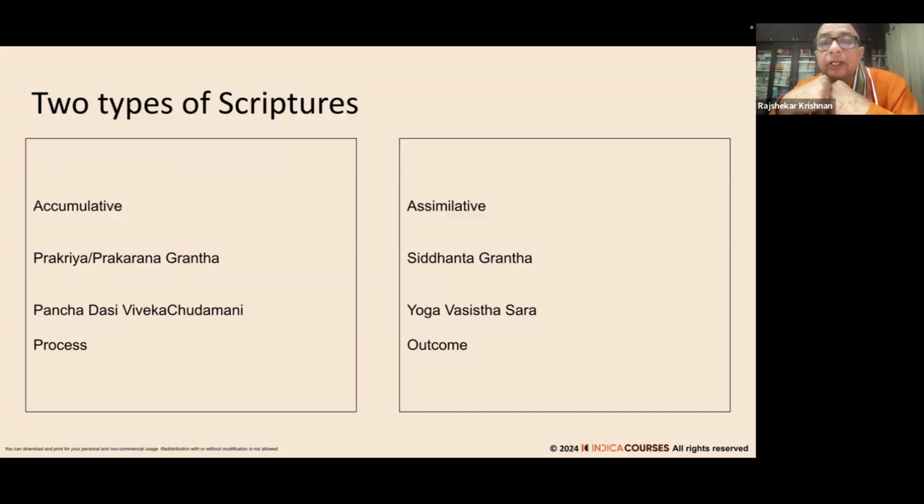So the Yoga Vasishta Sara is a Siddhanta Grantha. Of course, the Yoga Vasishta itself is a combination of a Prakriya Grantha and a Siddhanta Grantha, but mainly Siddhanta. But the Yoga Vasishta Sara, being the condensation, is Siddhanta only, and therefore it presents you results, and the results, of course, need some exposition.